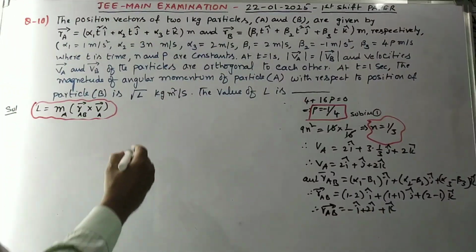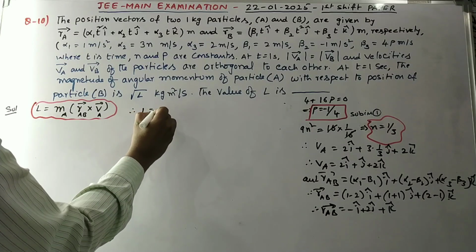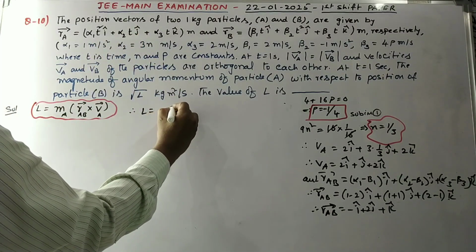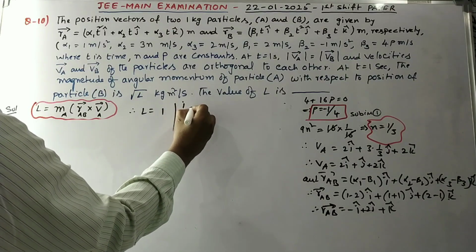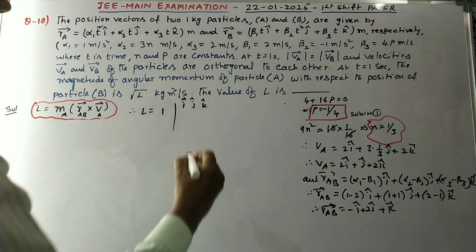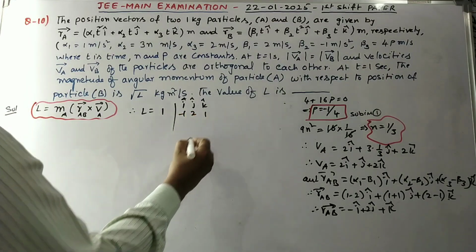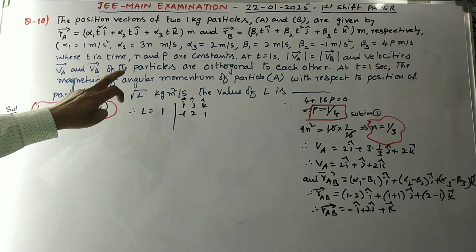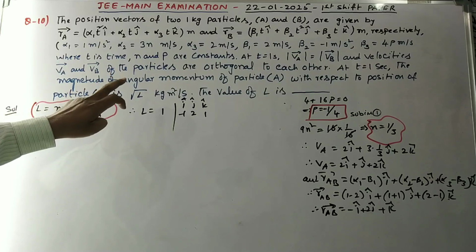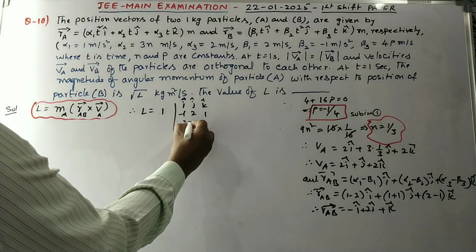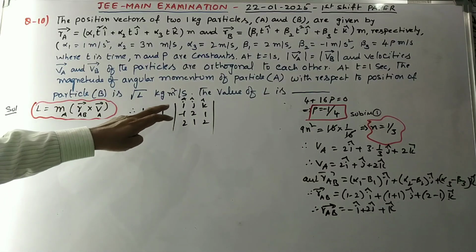Isn't it? Therefore L is equal to mass of the first particle, 1, into the cross product of i bar, j bar, k bar, RAB, and velocity vector A. Initially you got the velocity vector of particle A, remember, 2 1 2.